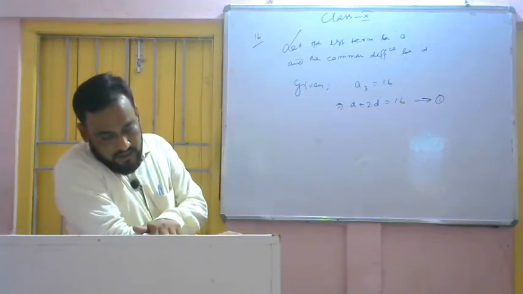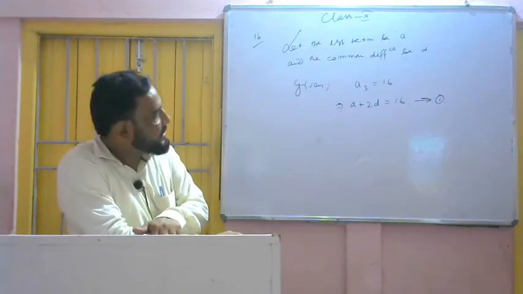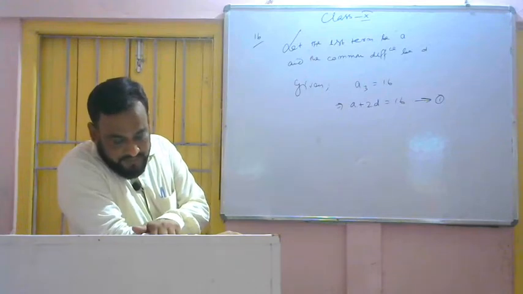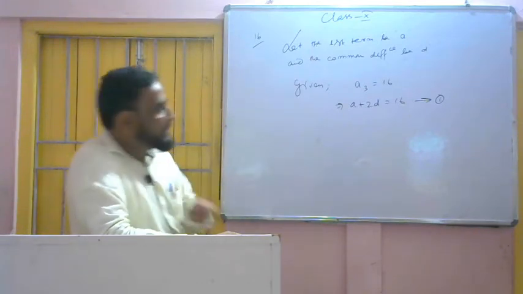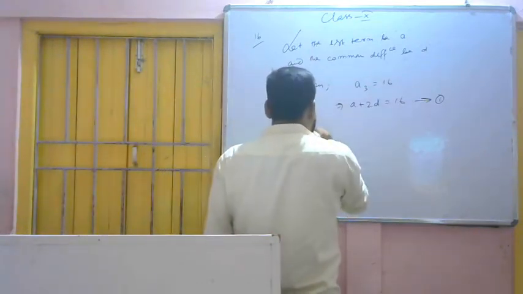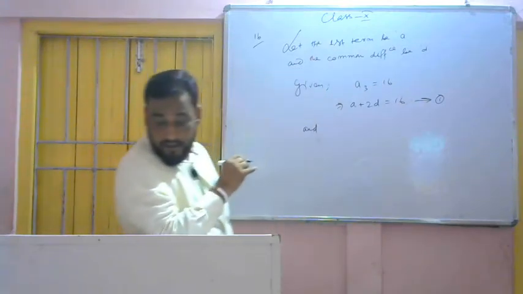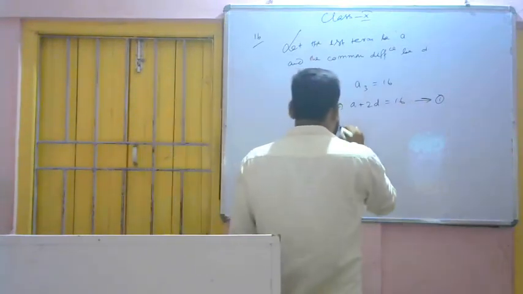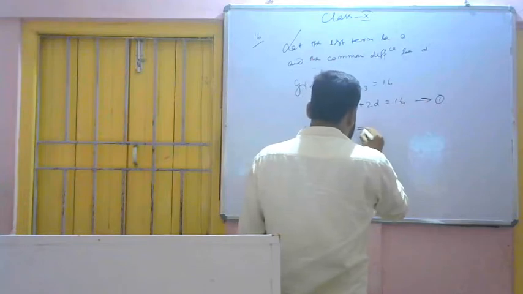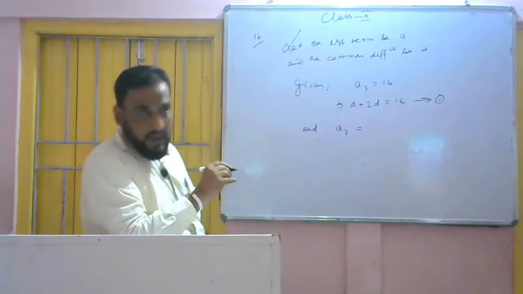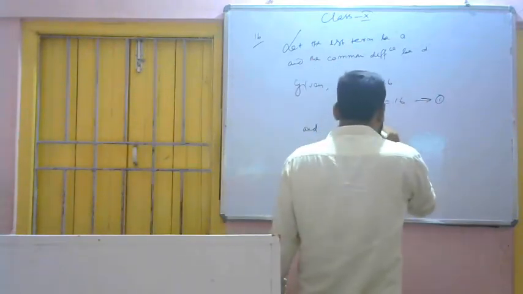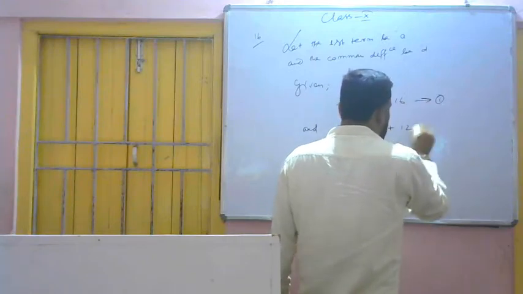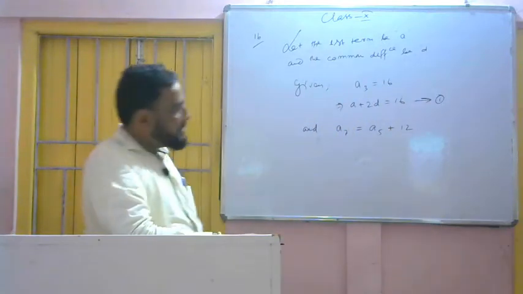And the second hint is, the 17th term exceeds the 5th term by 12. A17 is equal to A5 plus 12. Got it?